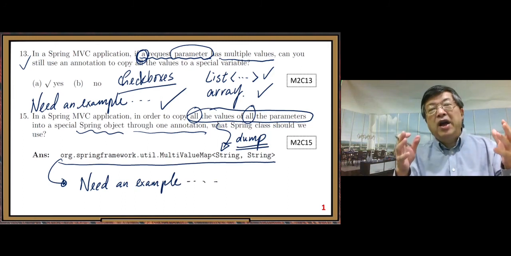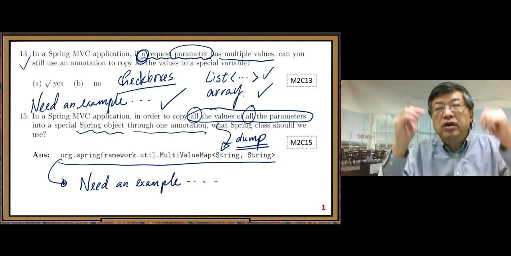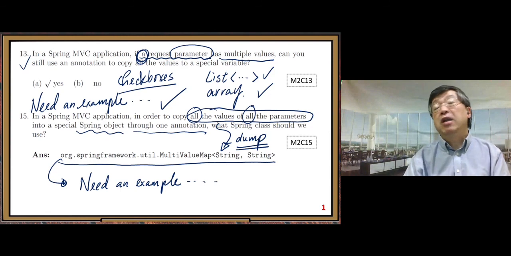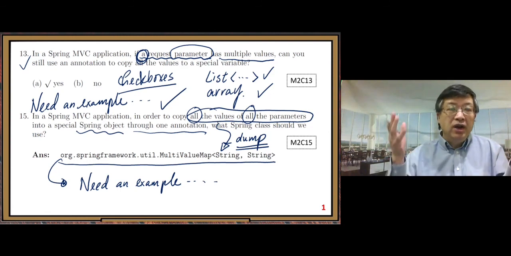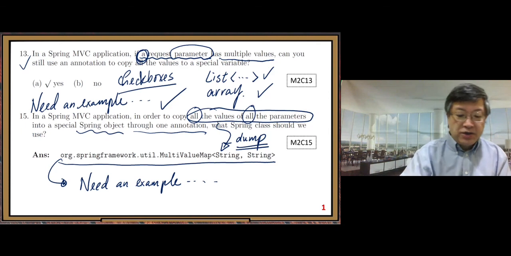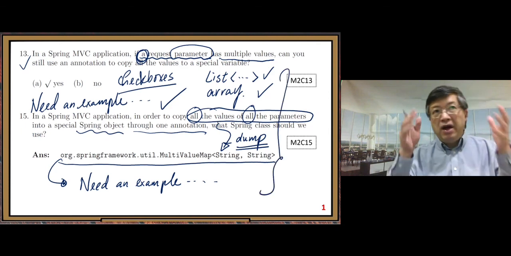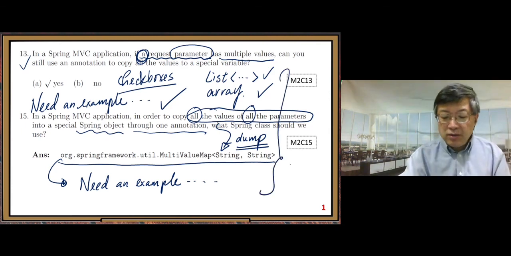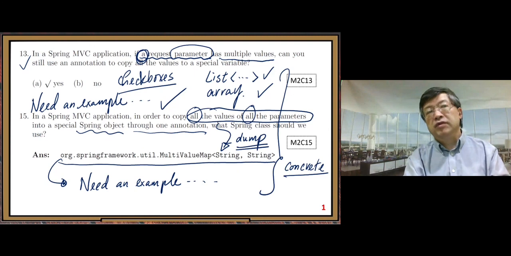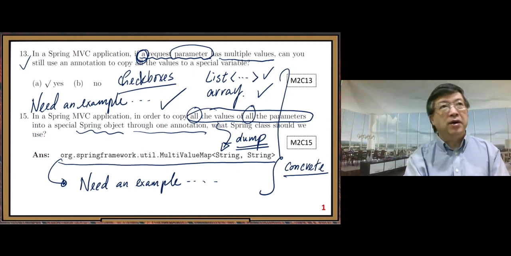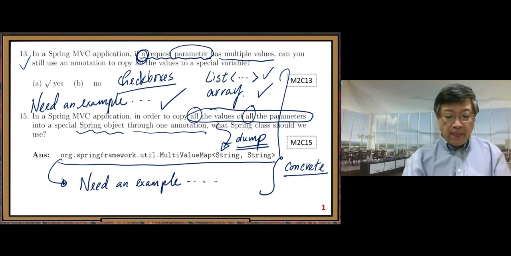Then we can have a better picture of this feature. Otherwise, our understanding is pretty abstract. So now we want to have some specific, concrete feeling about it.